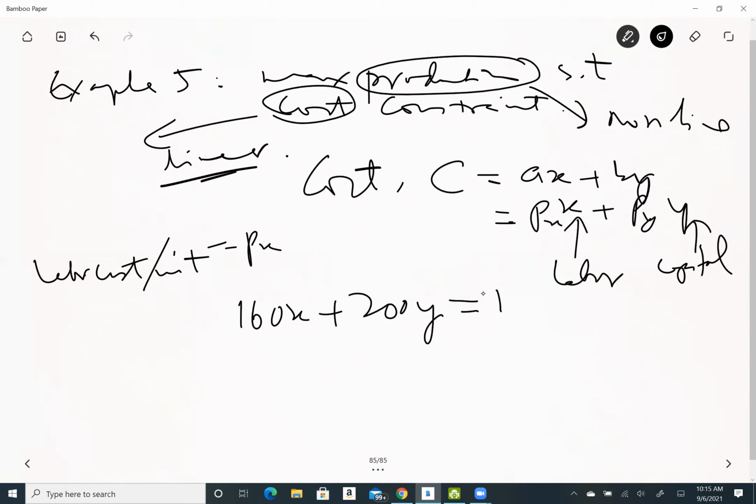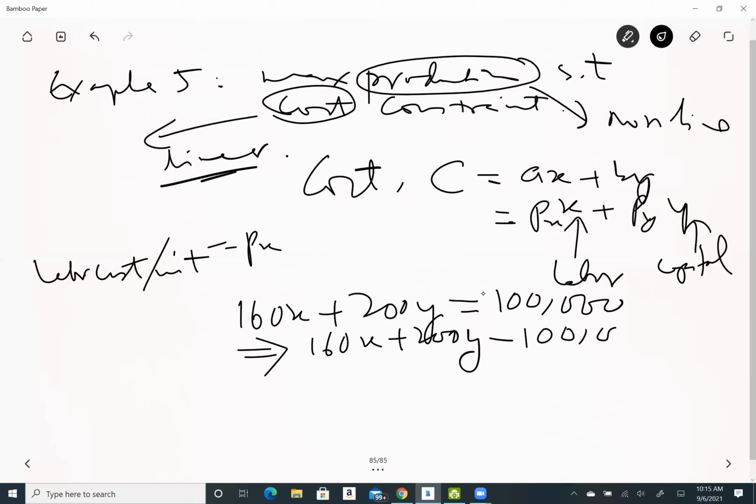The total cost available is 100,000. So that is our cost function, and that is the constraint. In order to rewrite it for the Lagrangian, you bring the 100,000 to the left: 160X plus 200Y minus 100,000 equal to 0.